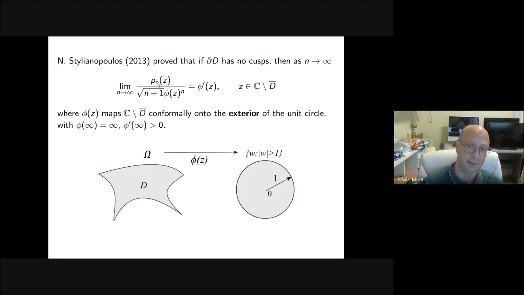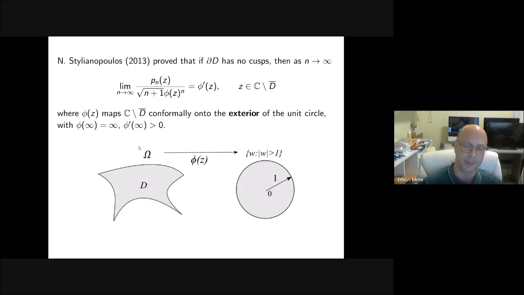If you divide the orthonormal polynomial by the nth power of a function phi times the square root of n plus 1, that quotient converges to the derivative of this function phi uniformly on closed subsets of the exterior of the boundary, so let's say for z outside the closure of the domain.